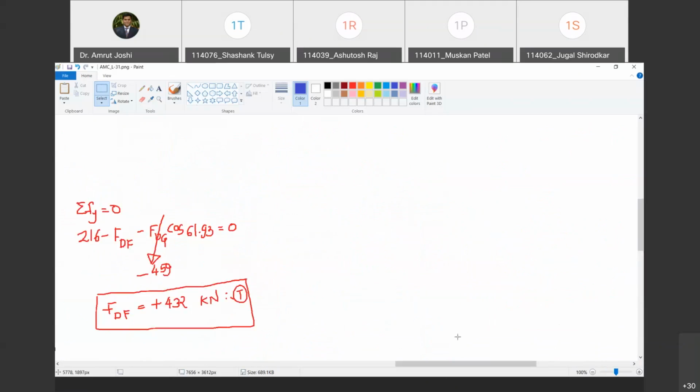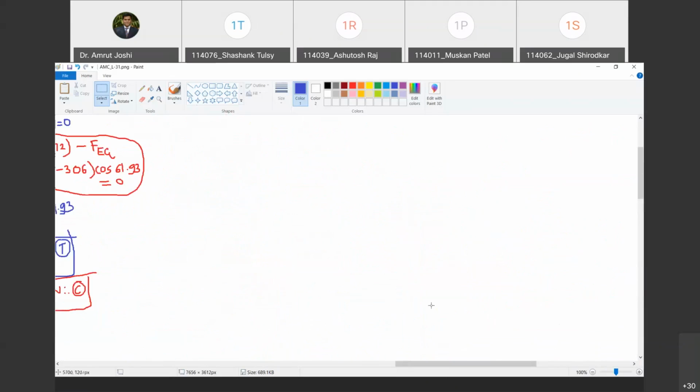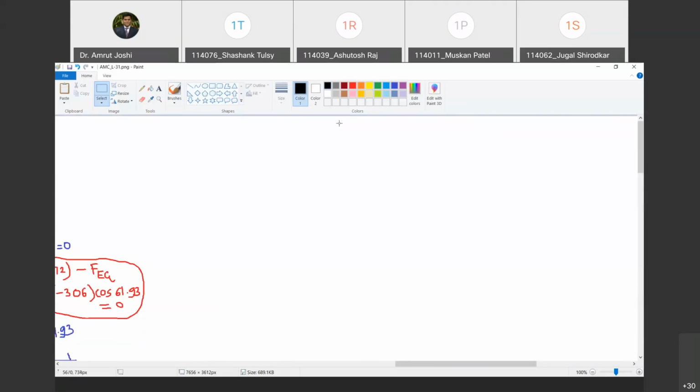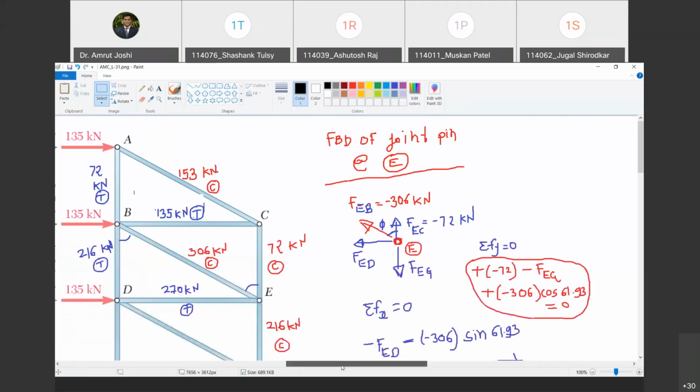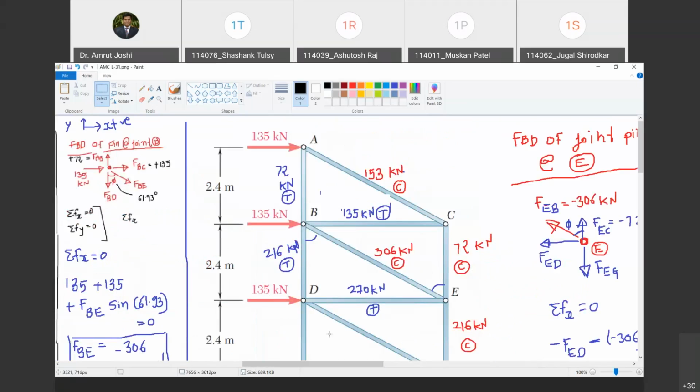Let us take a break here and let us summarize. So we have seen two types of methods. कौन-कौन से method है? बोलो. Method of sections and method of joints. When do we use method of sections? When forces in selective members are of importance. सिर्फ वही हमें कैलकुलेट करने हैं. उस टाइम हम कौन सा मेथड यूज करेंगे? मेथड ऑफ सेक्शंस.